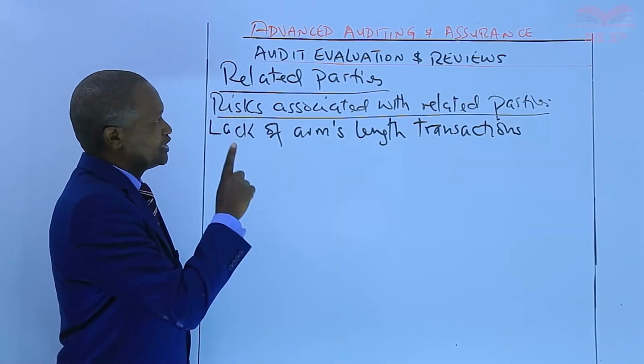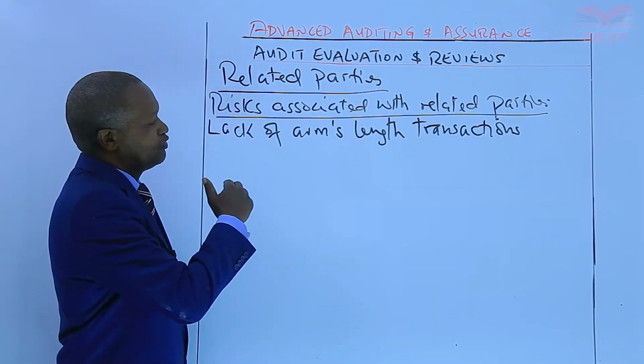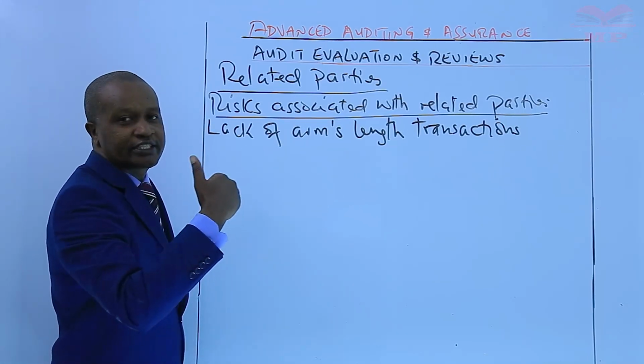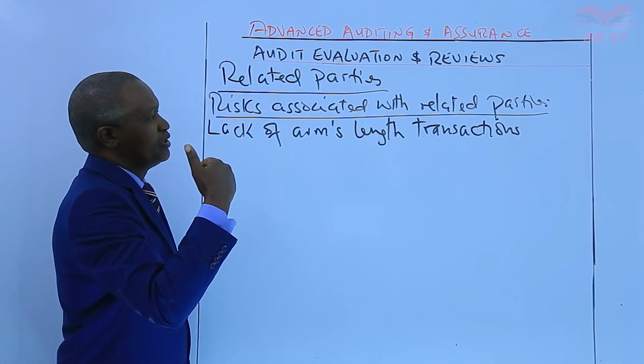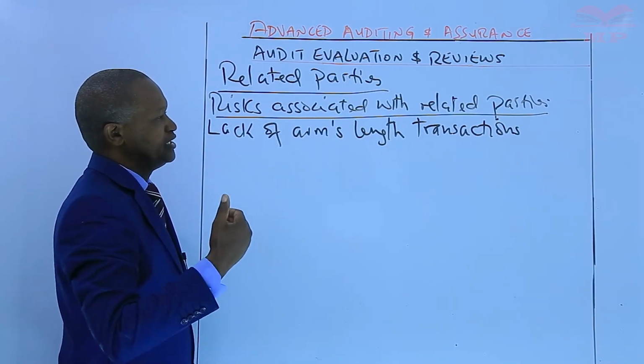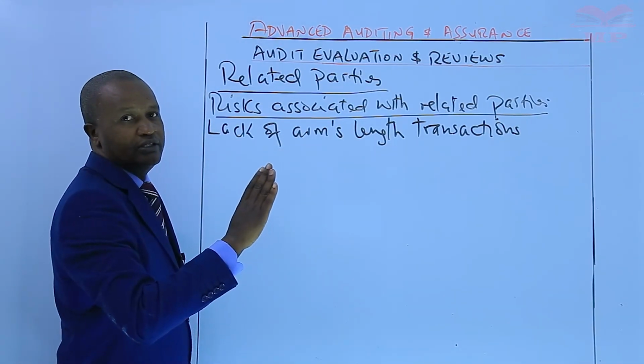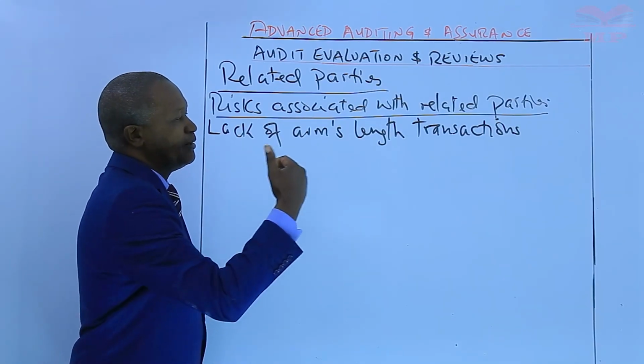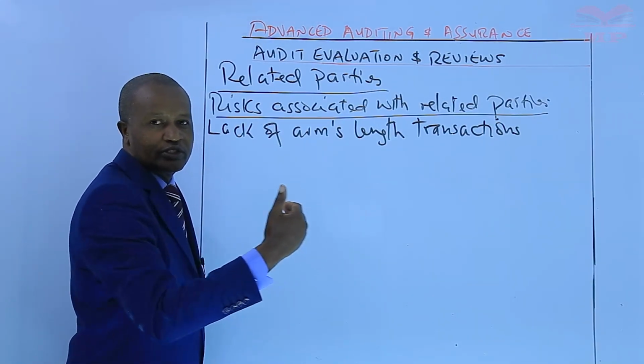So one of the risks associated with related parties is lack of arm's length transactions. It's expected that when related parties are dealing with a company, then there ought to be what we call arm's length transactions. All right.